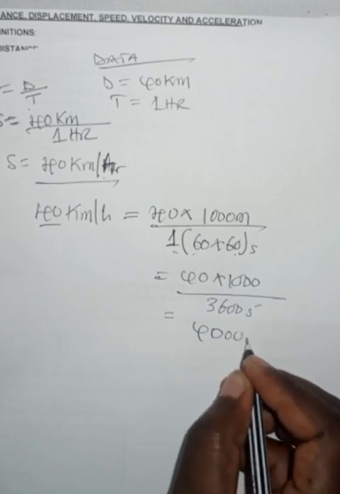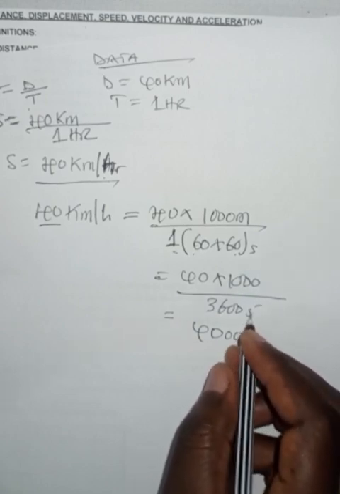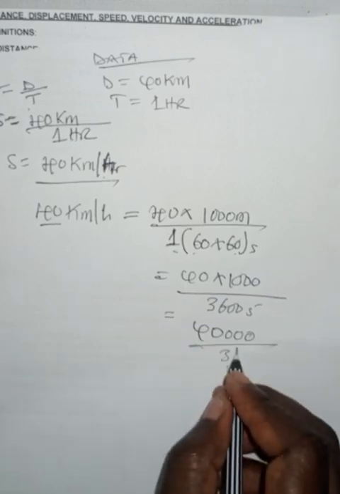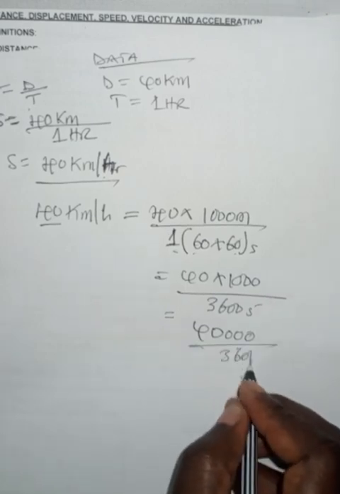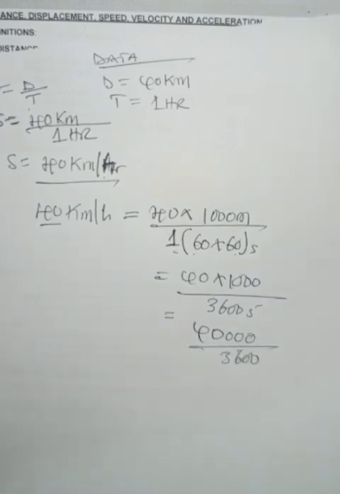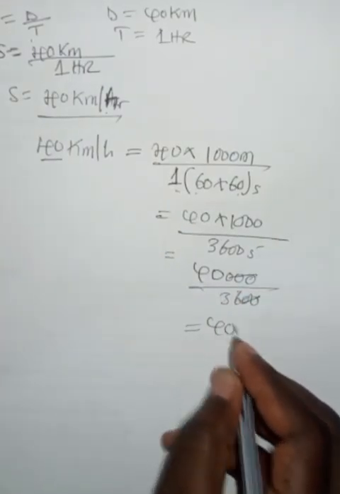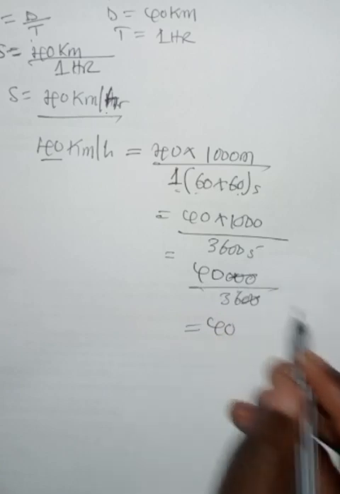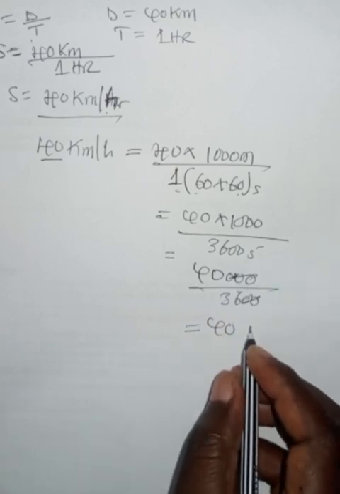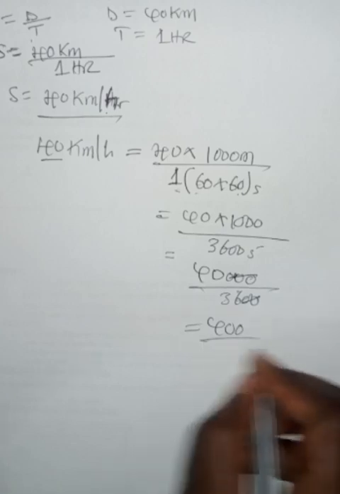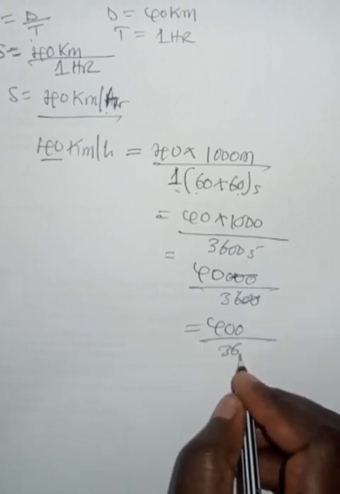So 40 times 1000, how many zeros do you have? You're going to have 4 zeros over 3600 seconds, and then you cancel 2 zeros, so you're going to have 400 over 36.